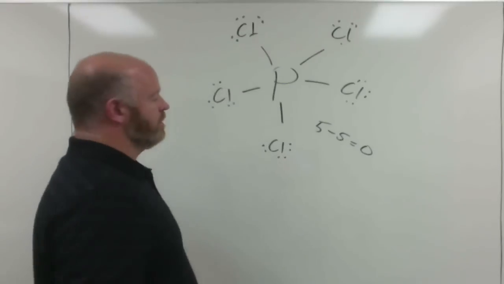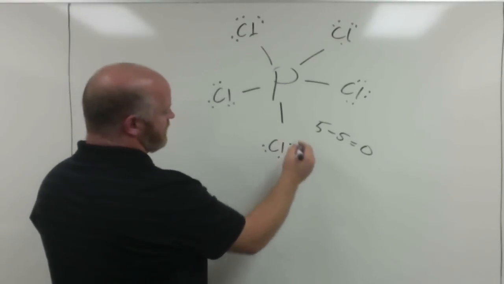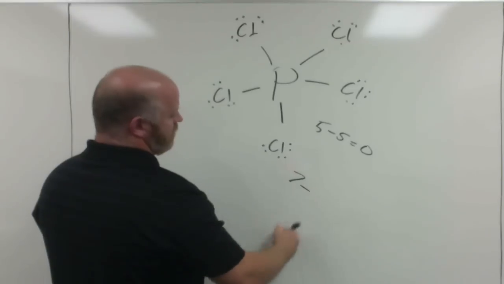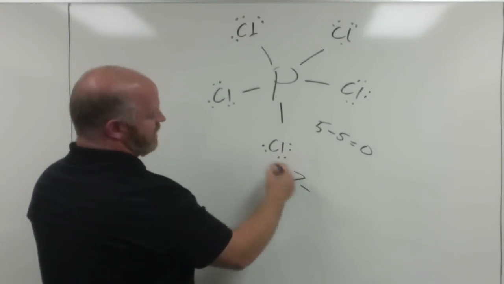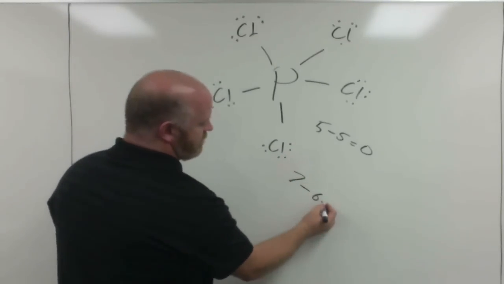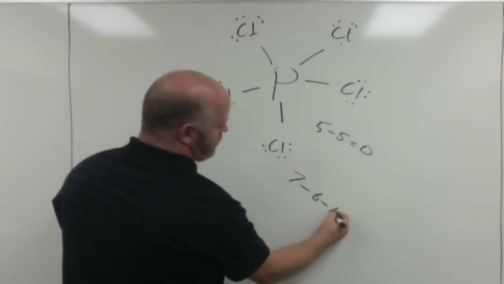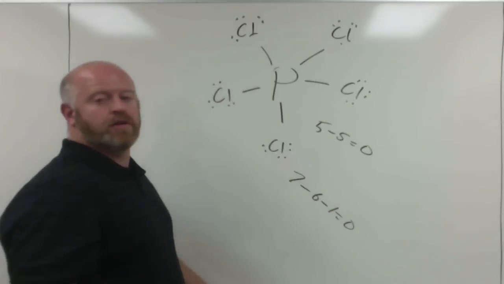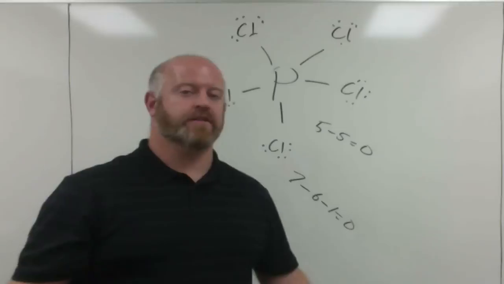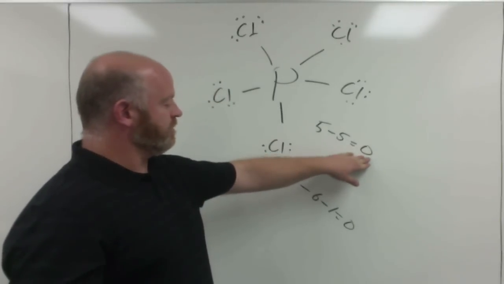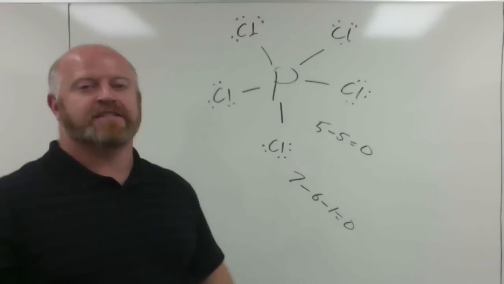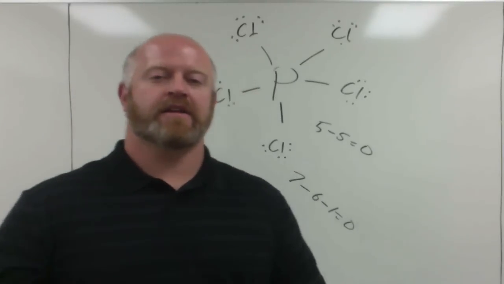It's a 0. Chlorine, same idea. It has 7 to start. We subtract away 1, 2, 3, 4, 5, 6 unshared electrons minus the 1 bond. It's a 0. So formal charges agree. Everything is zeros in here. Phosphorus just has to not abide by the octet rule.